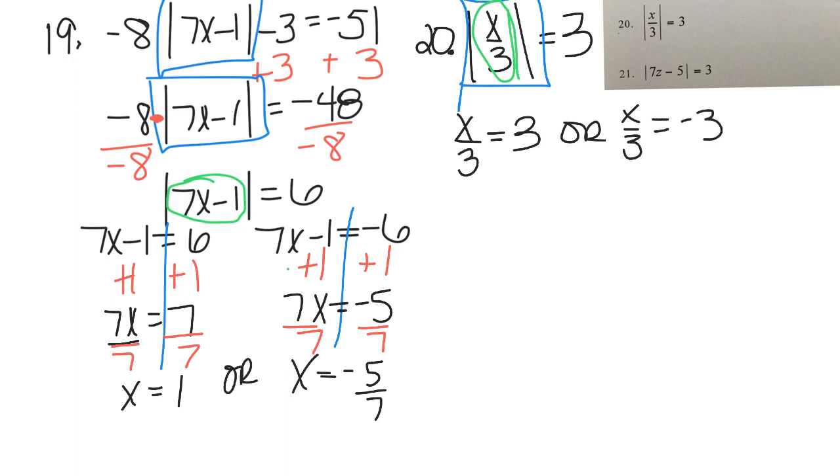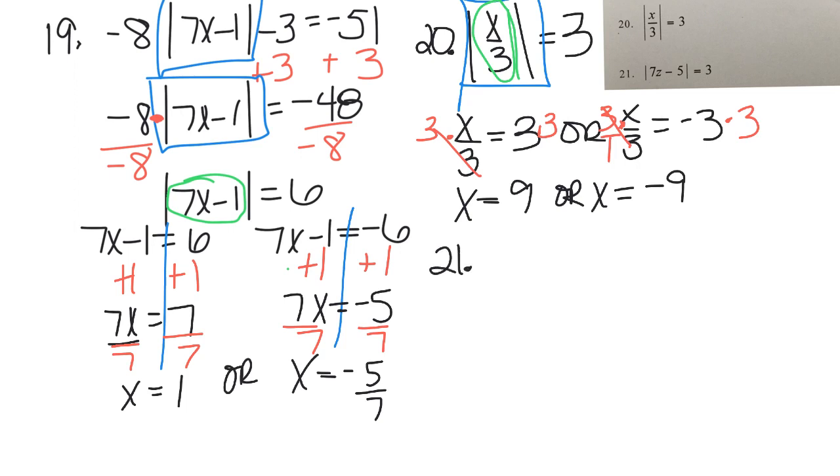We solve that division by multiplying both sides by 3. Take note of how I'm showing my work. That's what we expect for you to do, and expect to see when we're grading your tests. Multiplying both sides by 3. This is really multiplying by 3 over 1, and that's why these cancel. And we get x equals negative 9. That's number 20.